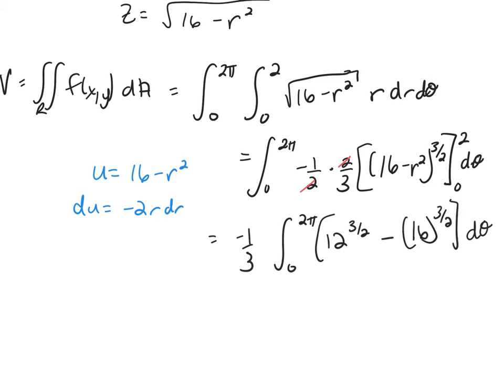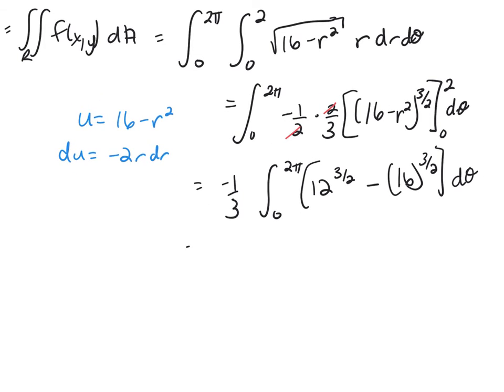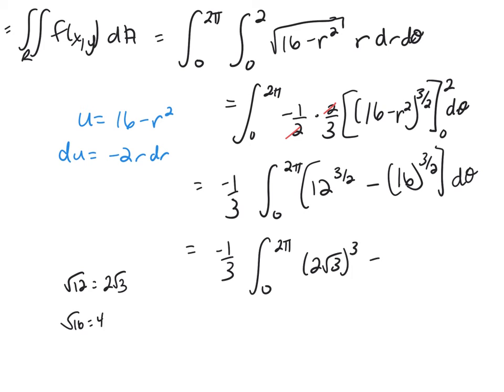Now this is all constant. Well, maybe I'll simplify a little bit first. So if I think about the square root of 12, this is 2 square roots of 3. And then the square root of 16 is 4.